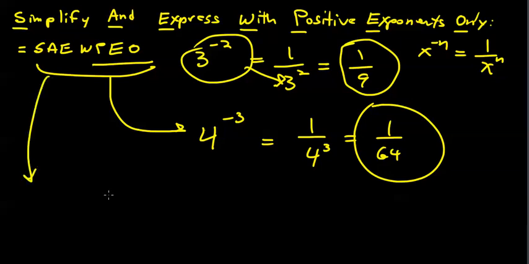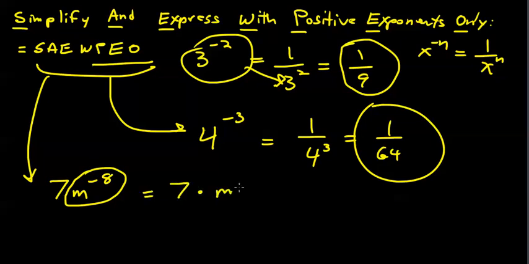Let's talk about a negative exponent expression using a variable, 7 times m to the minus 8th power. How would I get a positive exponent expression only out of that? Well, notice this minus 8 exponent is working on the m base and really not affecting the 7. So this is equivalent to 7 times m to the minus 8th. Right? So m to the minus 8th is 1 over m to the 8th power.